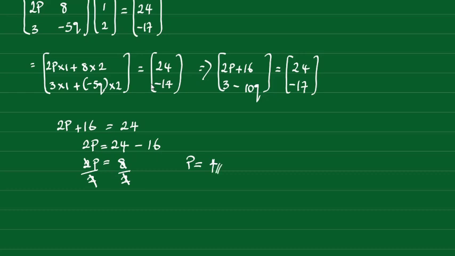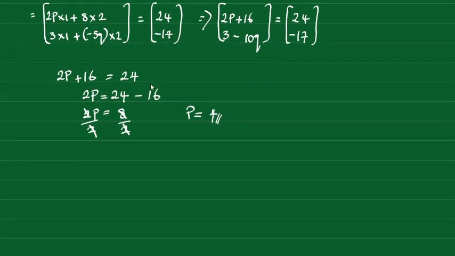Do the same for q. So we have 3 minus 10q equal to minus 17. We move 3 to the other side of our equation and we end up having minus 10q equal to minus 17 minus 3.